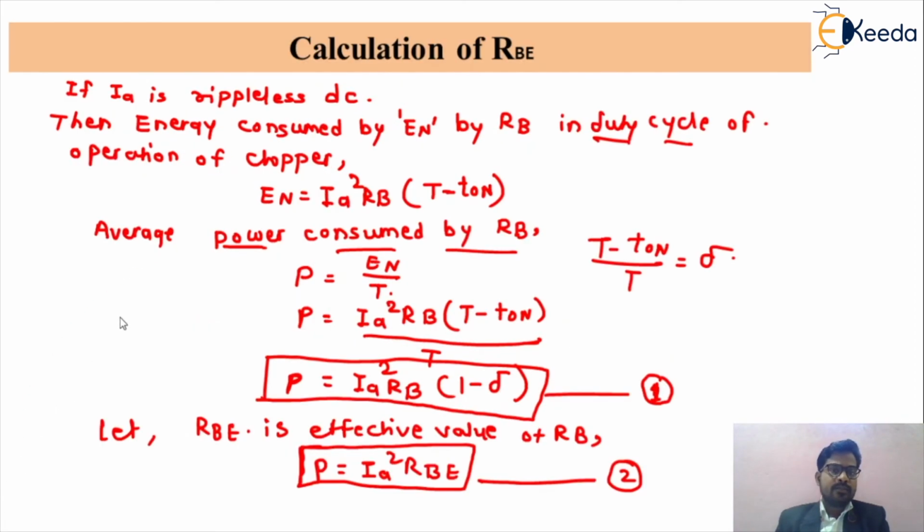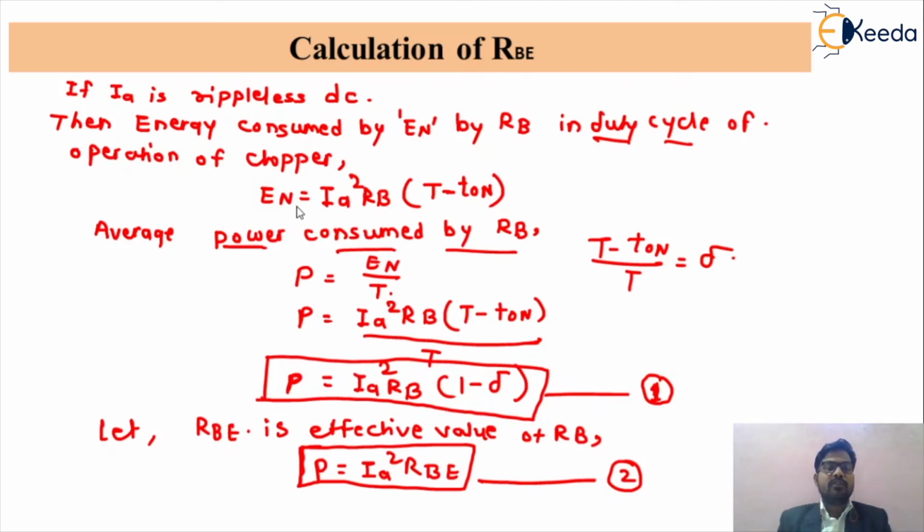So what will be the concept? First of all, we take the energy consumed by the resistors through dynamic braking, because in dynamic braking we are replacing the source voltage by the braking resistor. So the basic energy will be consumed by the resistor itself.